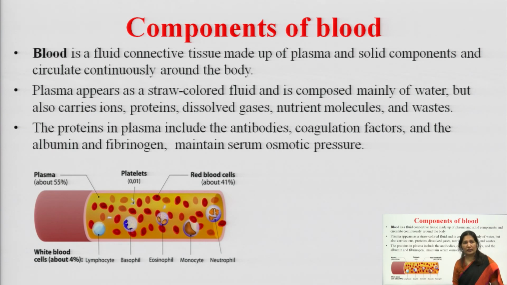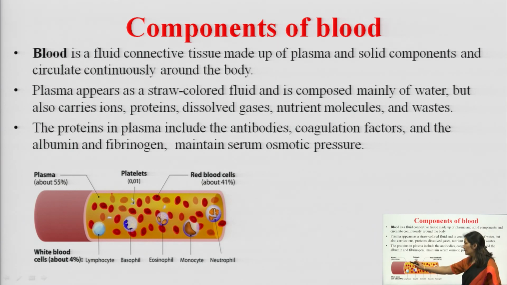You all know what the different components of the blood are. Blood is a fluid connective tissue made up of plasma and solid components and circulates continuously around the body. Plasma appears as a straw colored fluid.